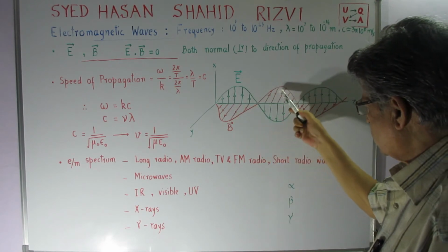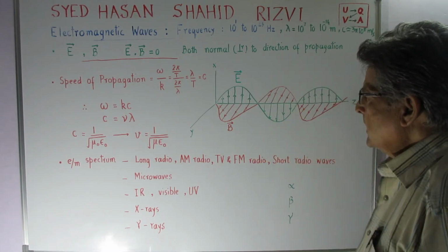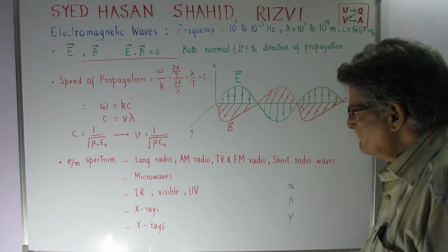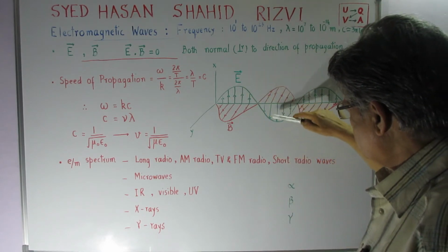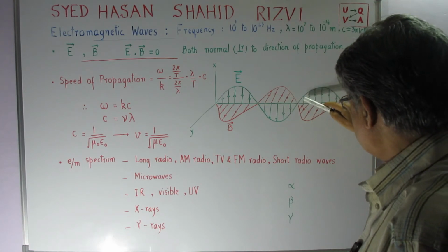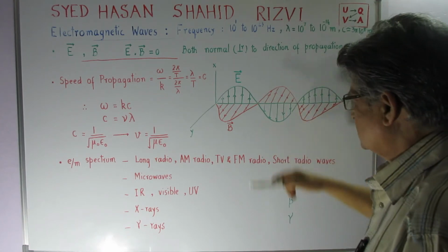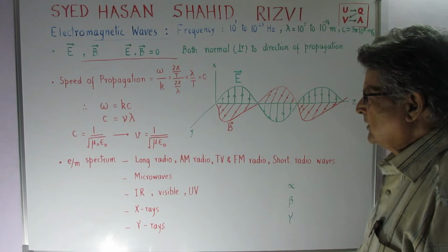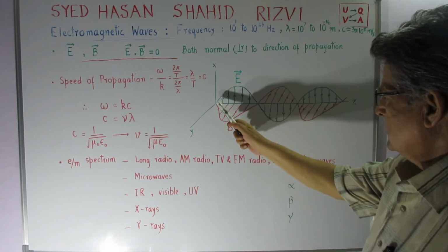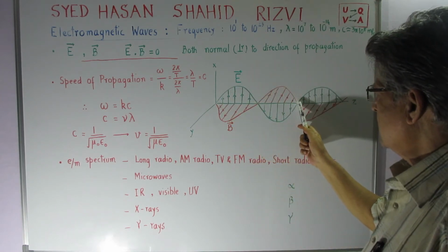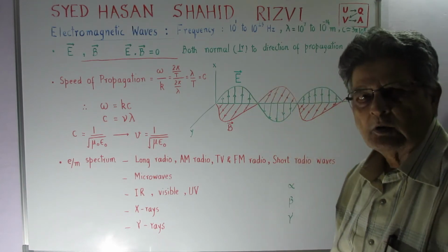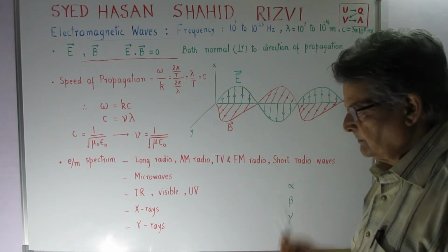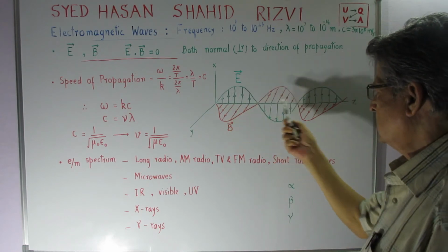This is shown with the red ones, and I've shown the directions which become reversed and then again reversed like this. From here to here, or from here to here, it is one single wavelength and of course one time period.